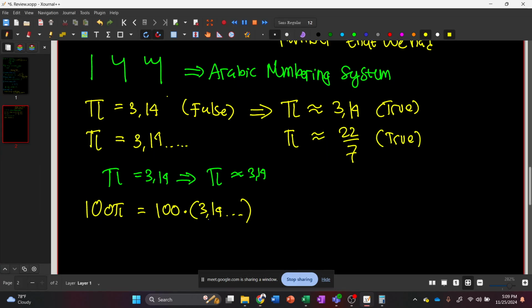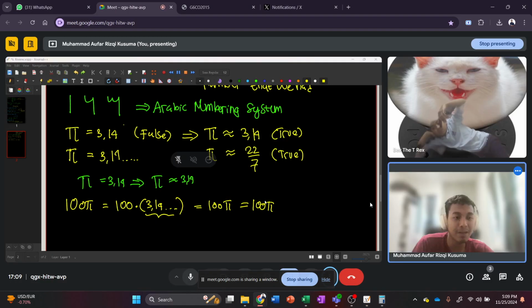Because the number itself cannot be simplified more, when they write 100 times pi, the final number will be just 100 times pi. Because you cannot represent pi with a decimal number, you just use pi as pi.